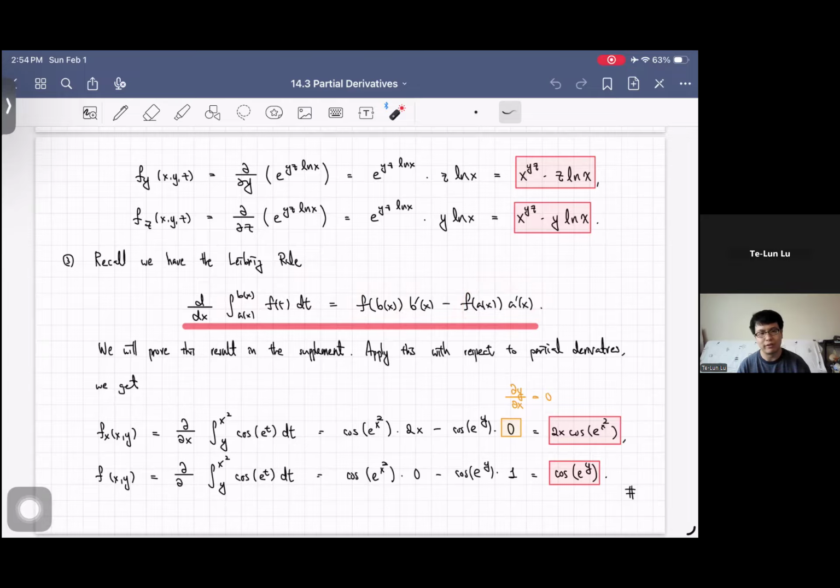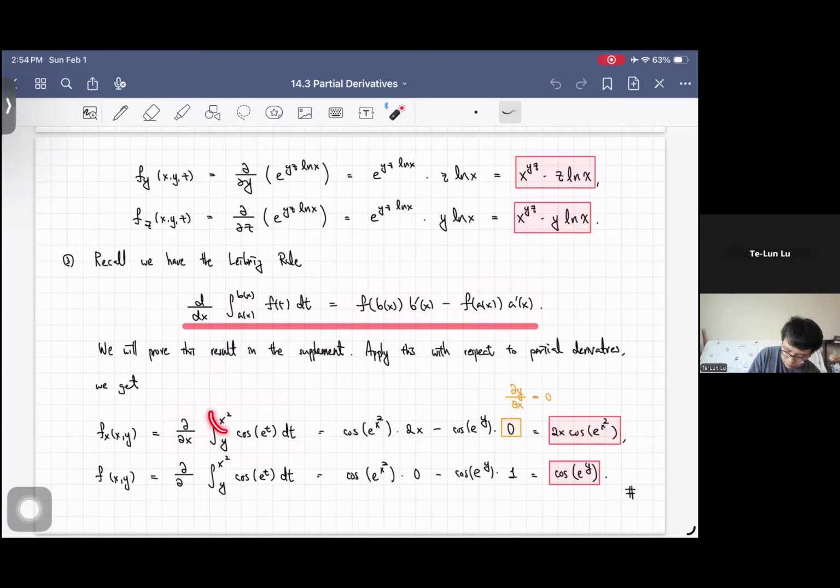The proof of this is very, very simple. I will postpone this to the supplement lecture, which you guys can see how we can do this via the first and the second fundamental theorem of calculus. So let us apply this to what we are going to do. If we are trying to differentiate this guy with respect to x, then it is actually the same thing as this, right?